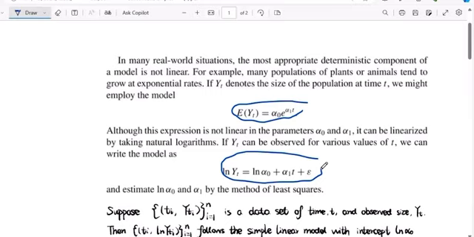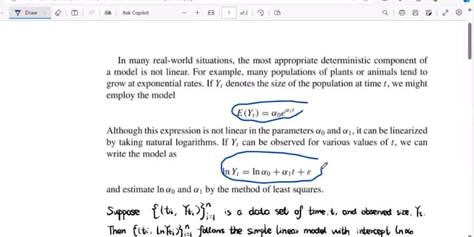So when we have a non-linear situation, and if we're able to linearize it, let me first tell you this. We've got two forms of non-linear. Generally speaking, models can be classified into linear and non-linear. And non-linear can be classified into two: intrinsically linear and intrinsically non-linear. What do I mean by intrinsically linear?